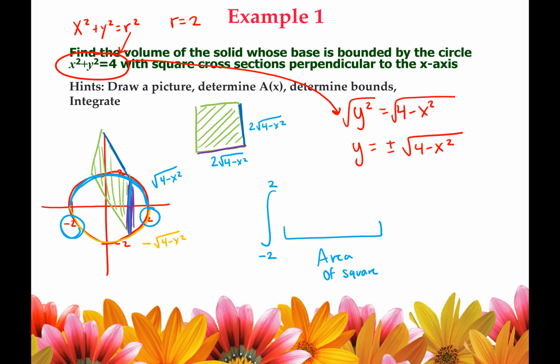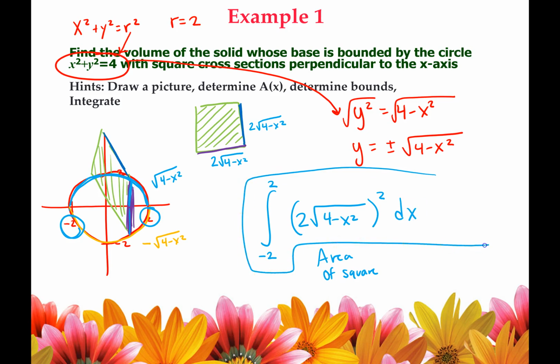Well, the area of my square is base times height, or in this case, it's going to be 2 times the square root of 4 minus x squared, and it's going to be this entire quantity squared. Basically, base times height, which are the exact same. And all you have to do, folks, is do this on your calculator, and you will get the volume of this three-dimensional solid.